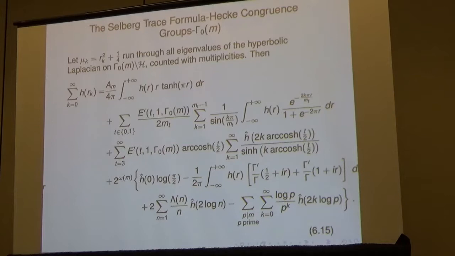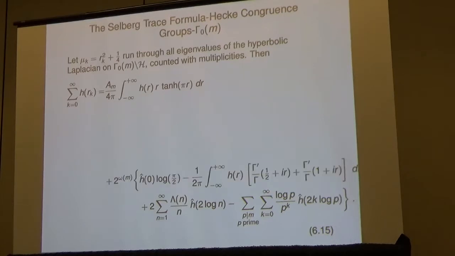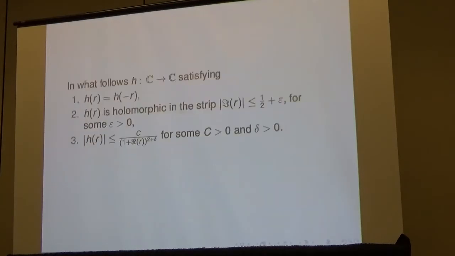I think in the theorem you said that you wanted your two numbers to be a product, and then you had a conjecture. Yes. The question that Roelcke asks is: why is N, Gamma_0(12), of co-compact type?